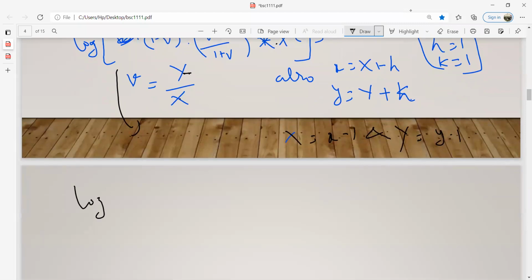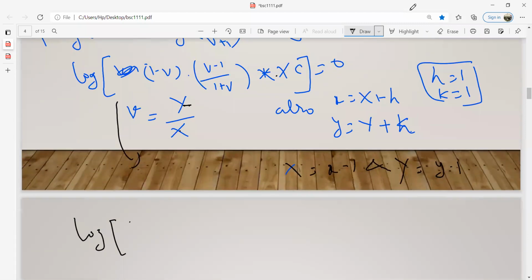Small log whole bracket 1 minus v equal to x upon y. It means small y minus 1 divided by small x minus 1. This is the first expression.